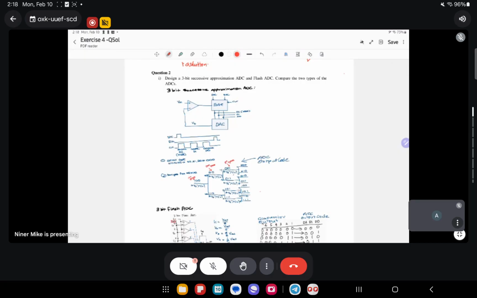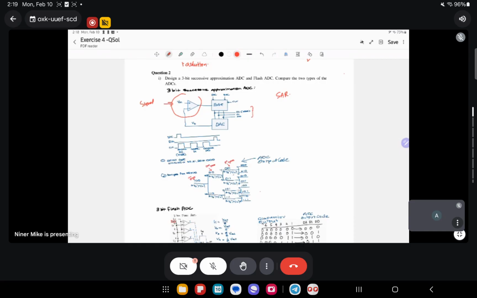For the successive approximation, or SAR, the configuration is like this. This is the comparator where you feed in your signal from the sensor. Then we connect to the DAC in the converter, and then this is the SAR module. We can give a signal to start conversion and then end of conversion, and this will do the conversion.